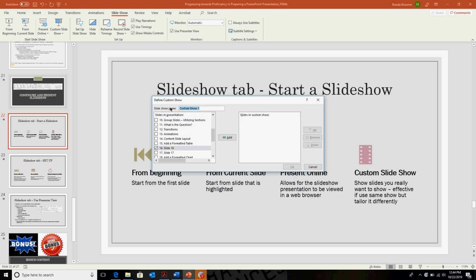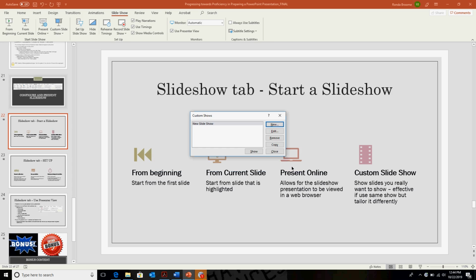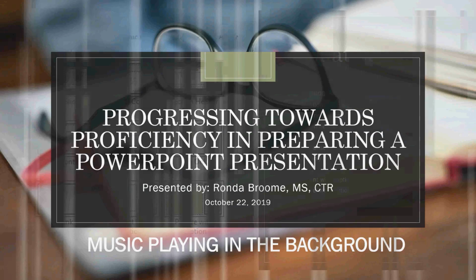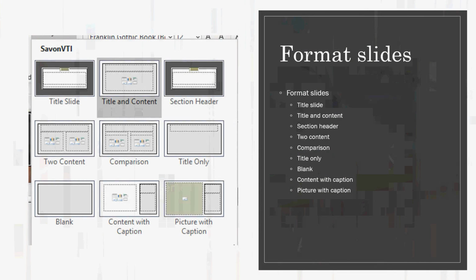Once you create a name, so new slideshow, I want to add just those slides. Then when you hit OK, and you just want to show this slideshow, now slide 1, you notice that this is not the regular slide 2, this is the slide that I selected.